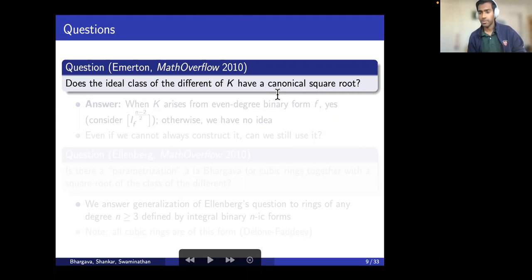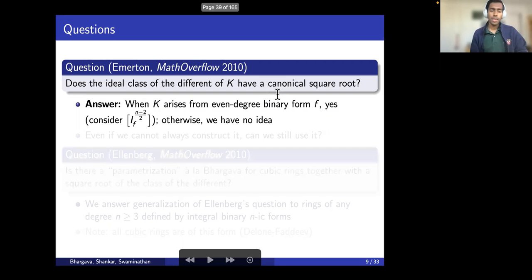Can you exhibit a square root of the class of the different? And the answer is yes, in some cases. So when K arises from an even degree binary form, then you can just consider this ideal class here, the ideal class of IF n minus 2 over 2. And that will square to the inverse different, for example.